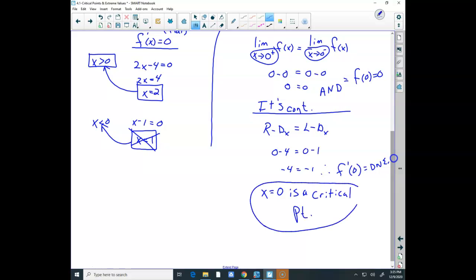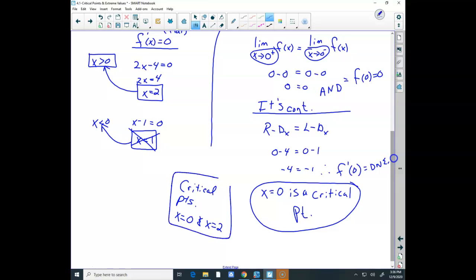So I have a critical point at 0, and I have a critical point at 2. Critical points occur at x equals 0 and x equals 2.